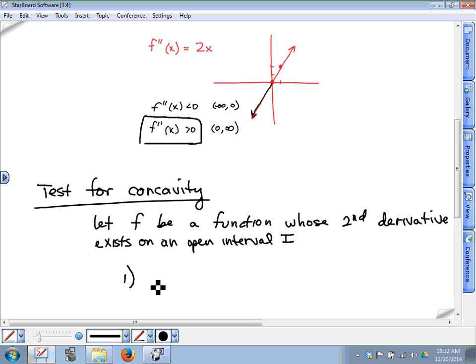So the first condition is if f double prime of x is greater than 0, then f of x is concave up.